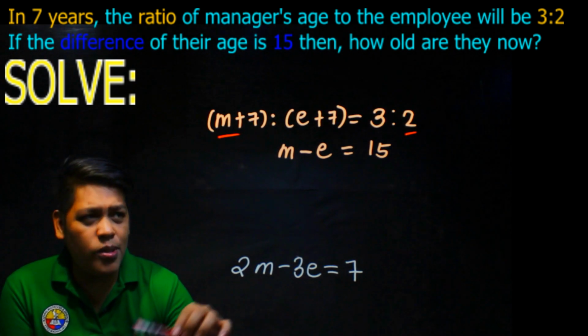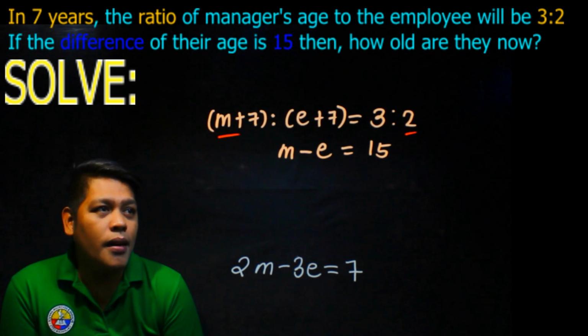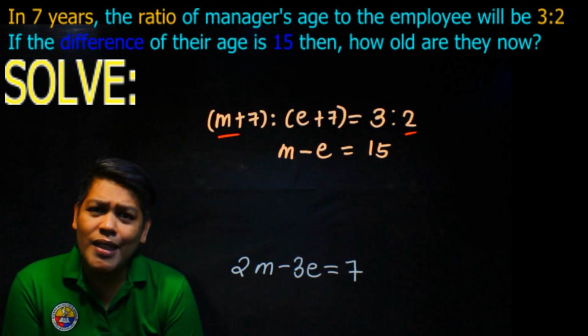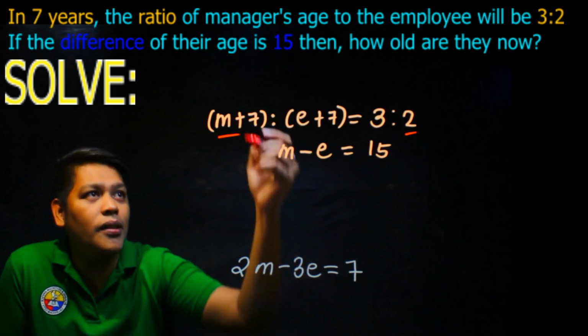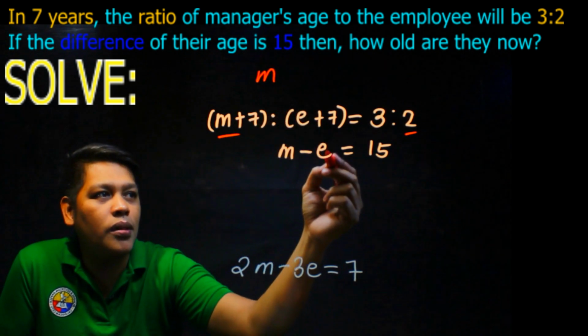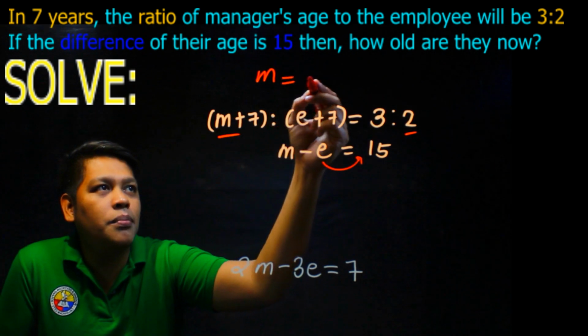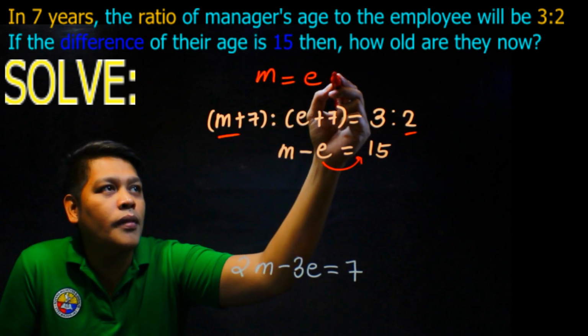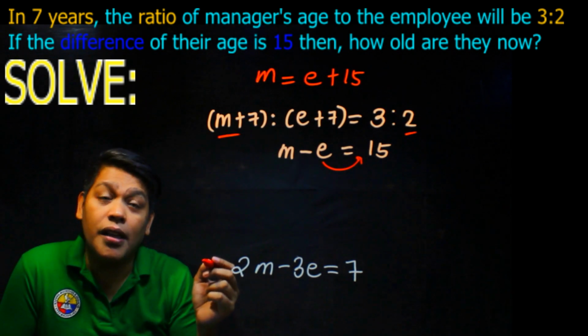If you notice, our equation number 2, M minus E equals 15, can be expressed as the value of M. The E we move to the other side, so M equals E plus 15. That is another equation.